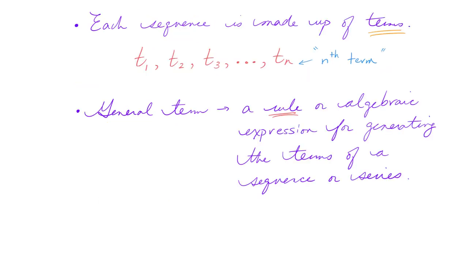What you see on the screen right now is some terminology, some notation. You'll notice in the top bullet, each sequence is made up of terms, and you've already heard me use that terminology today. The way we denote that, you'll notice in red. So we use subscript.